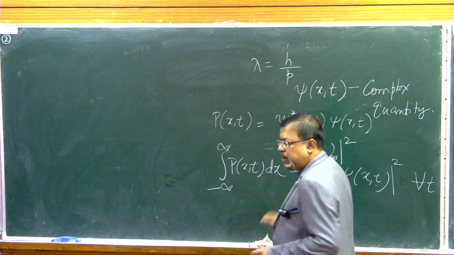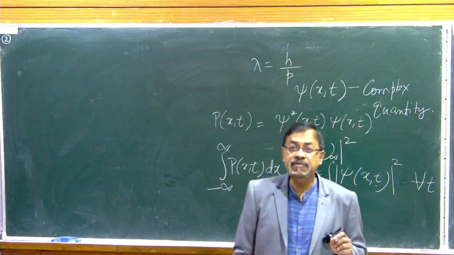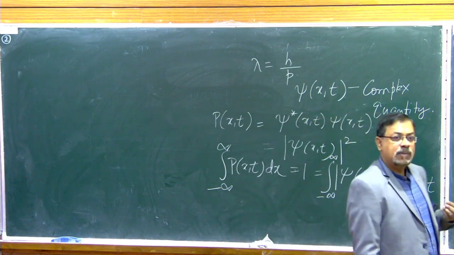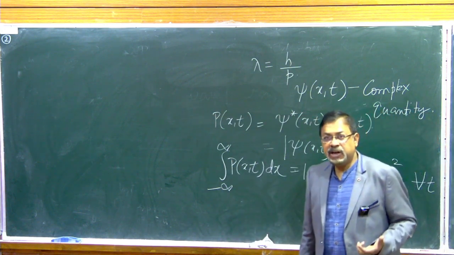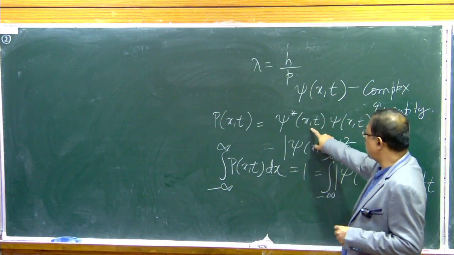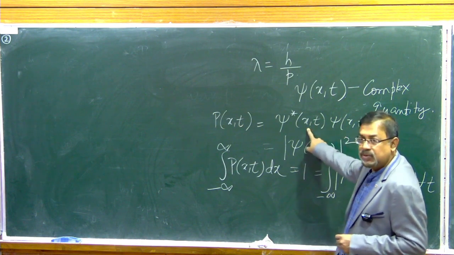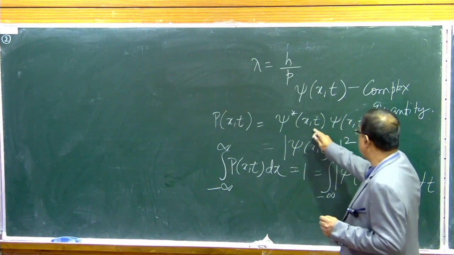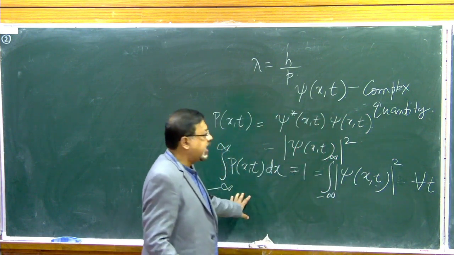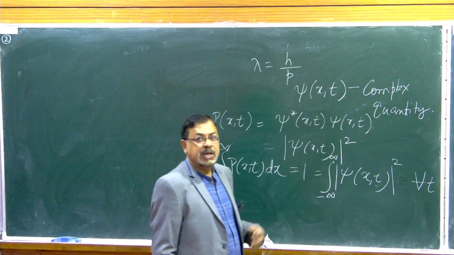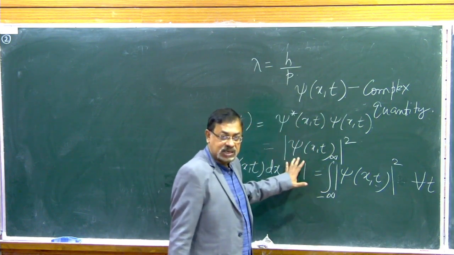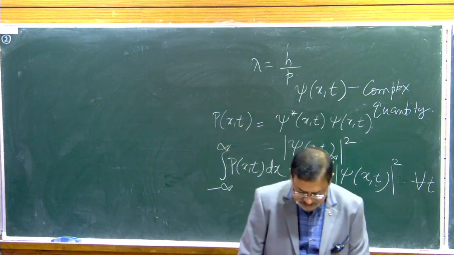So by itself, the wave function does not have a physical interpretation, but the interpretation comes from this mod psi square, which is psi star, the complex conjugate of psi, multiplied by psi itself, and which when integrated over all space should give me 1, which also demands that this psi should be normalized, which we'll see what normalization means.